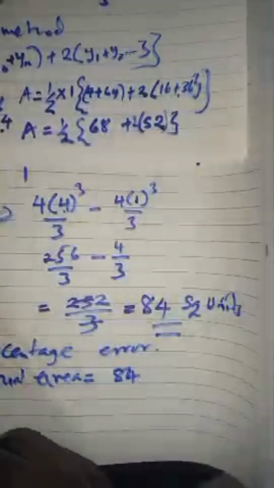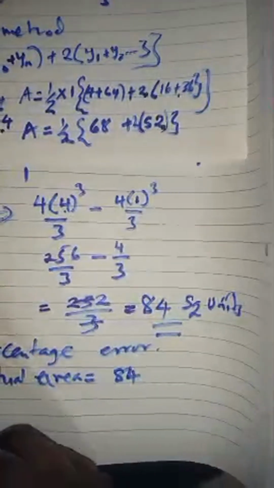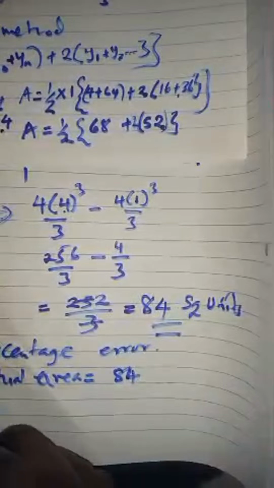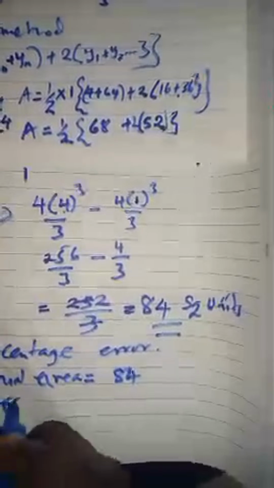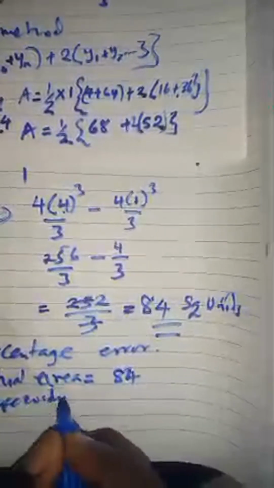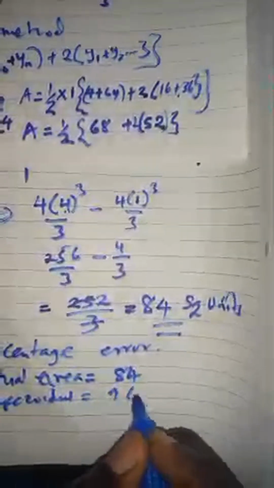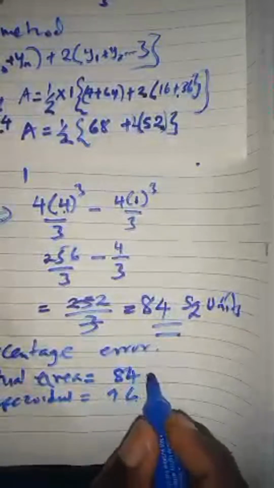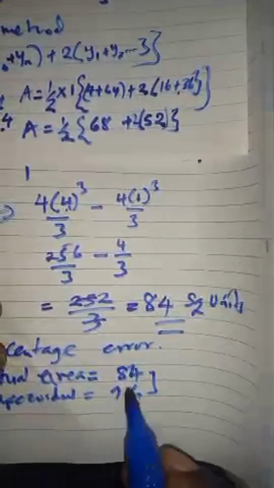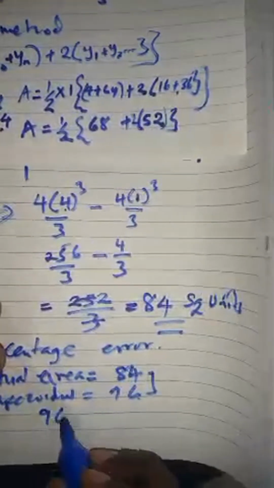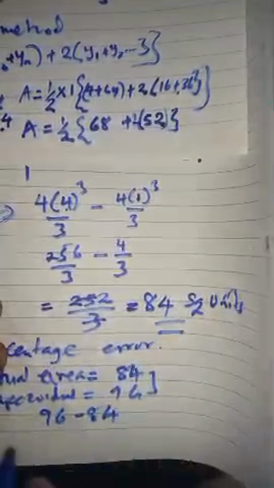The approximate area given by the trapezoidal rule was 96. So there's some error being created there. So I'll take 96, subtract the actual area.